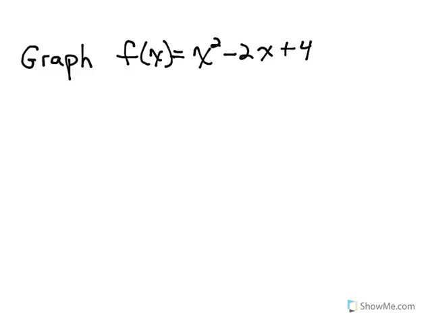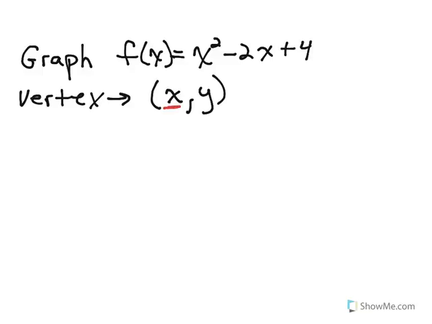Example, to graph the function x squared minus 2x plus 4, we need to first find the vertex. To find the vertex, we are looking for the coordinates of that point, which is xy coordinates.